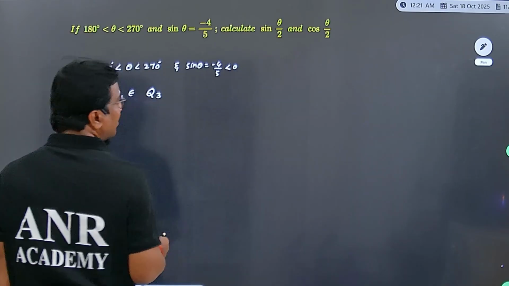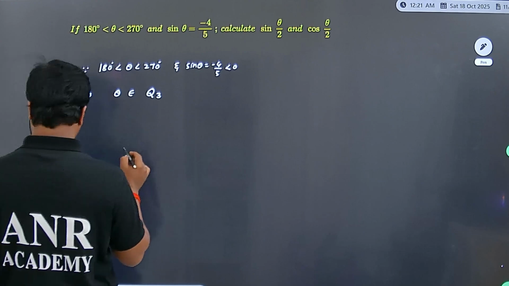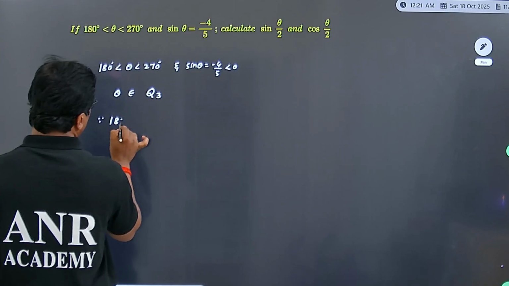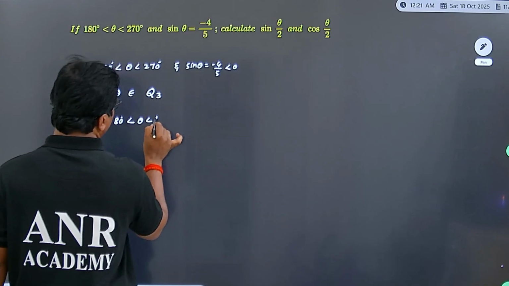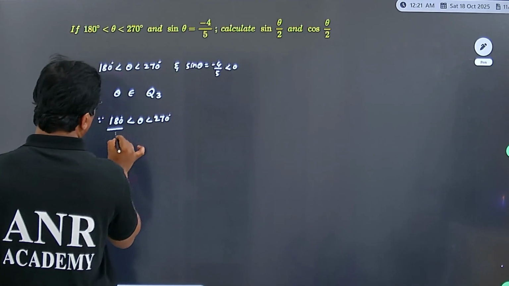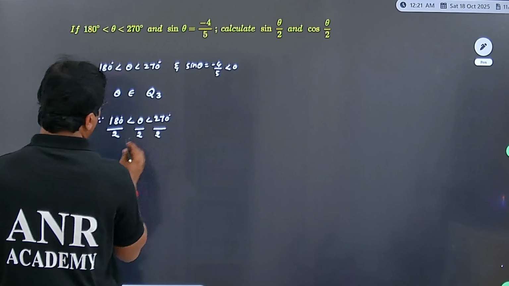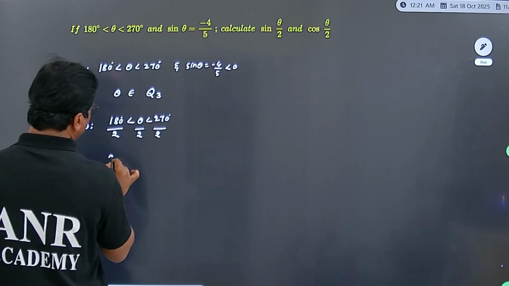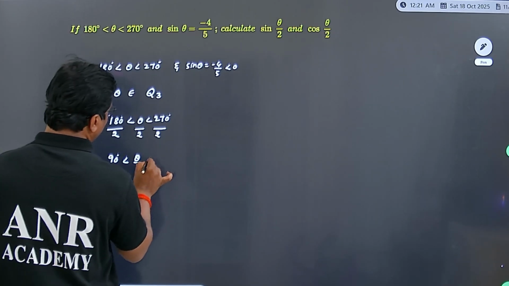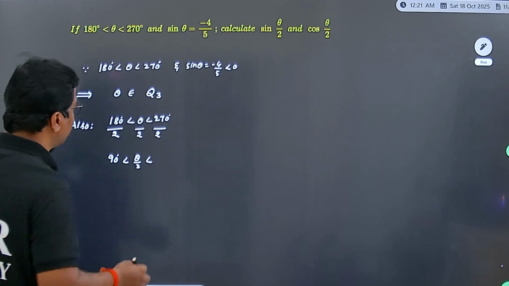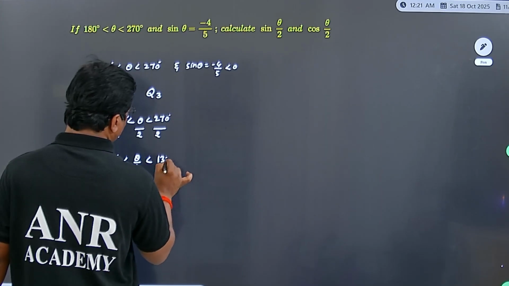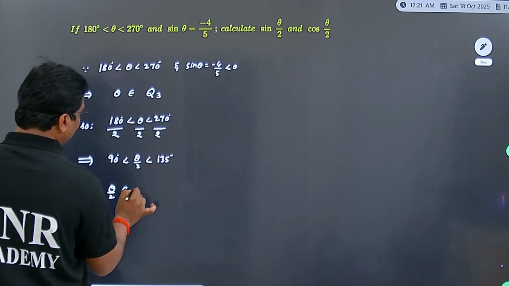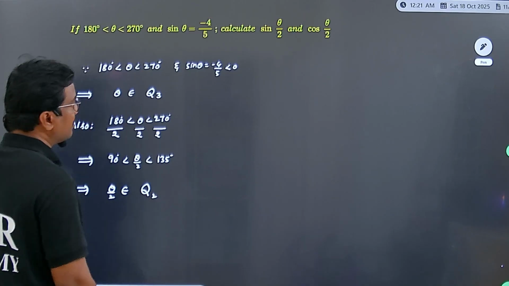Our aim is to find sin theta by 2, cos theta by 2, of angles. So here, since 180 less than theta less than 270 degrees, if you divide with 2, what happens? Observe. 180 by 2, that is 90 degrees, less than theta by 2 less than 270 by 2, that is 135 degrees. You can say that theta by 2 belongs to quadrant 2.